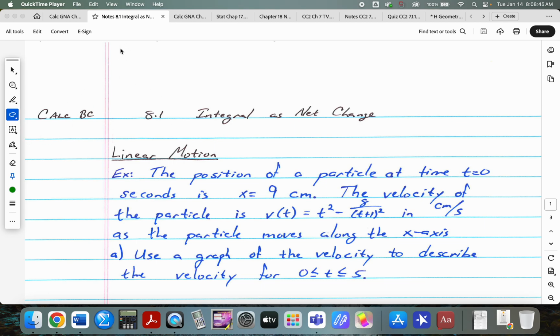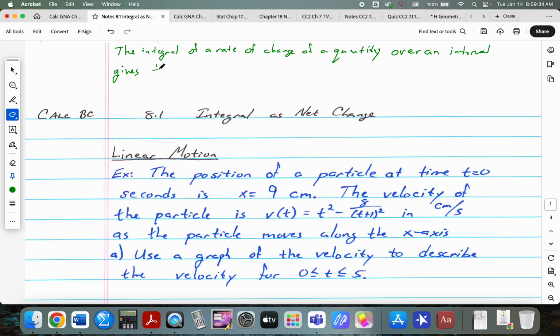The big idea for this is that the integral of a rate of change of a quantity, whatever that quantity is, over an interval, so we're talking about a definite integral, gives the change in the quantity on that interval.